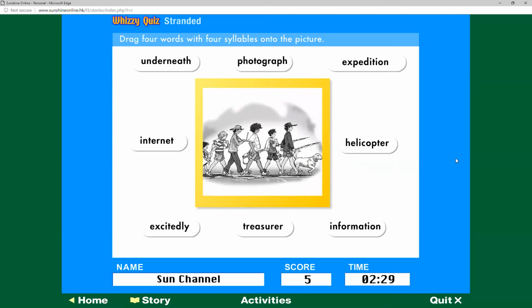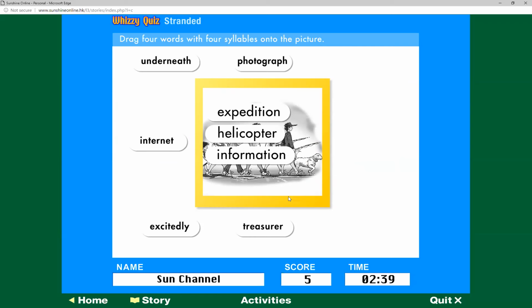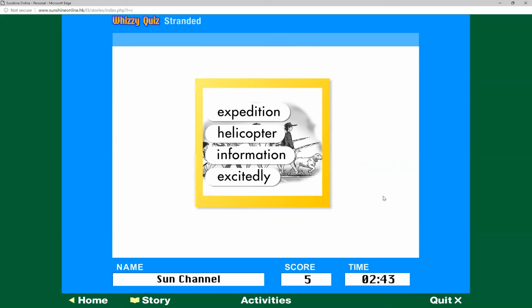Drag 4 words with 4 syllables onto the picture. Yes. Expedition, helicopter, information and excitedly are words with 4 syllables.